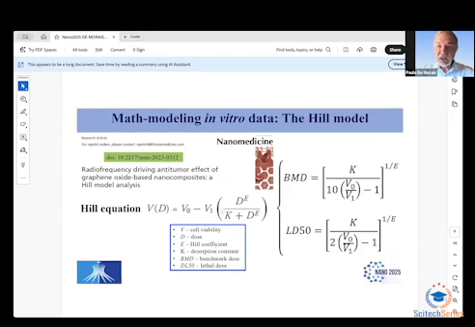So from this equation, you can find, for instance, not only the Hill coefficient and the unbinding constant, but you can also describe what we call the benchmark dose. The benchmark dose is typically the dose required to decrease the cell population by 10%.